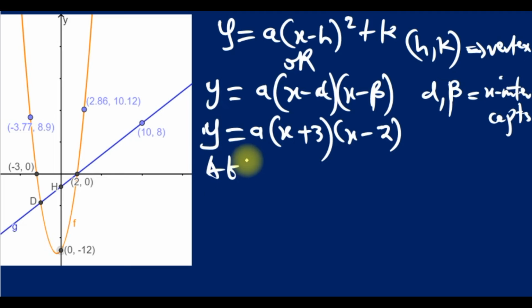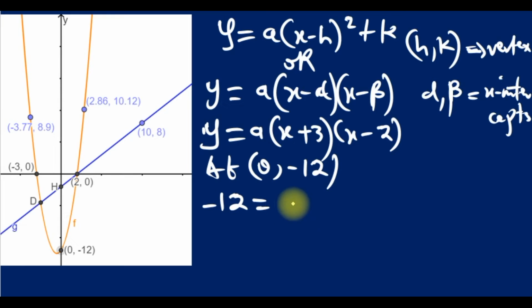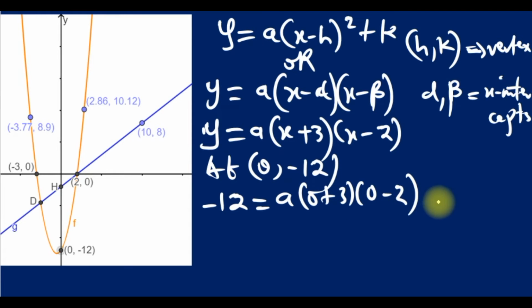So at (0, minus 12), that is x is 0, y is minus 12. So we have minus 12 equals a(0 plus 3)(0 minus 2). 3 times minus 2 is minus 6, so we have minus 6a.